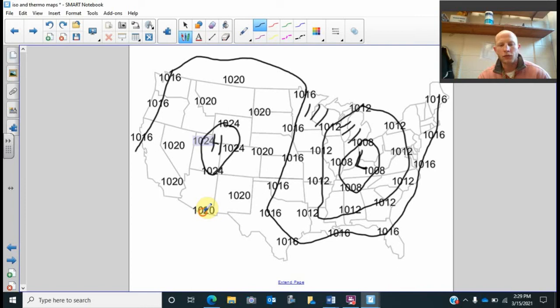From here then, I have 1020. I connect all my 1020s. These guys end up circling up pretty good right here. And so I know that between 1016 and 1020, there must be 1017, 1018, 1019, 1020, 1021, 22, 23, 24, and then 1025 could be in the center of here, okay?